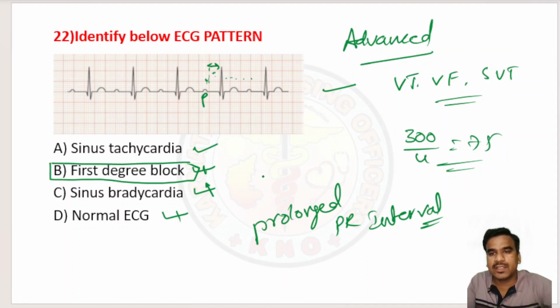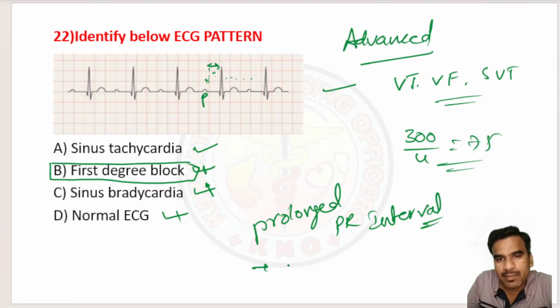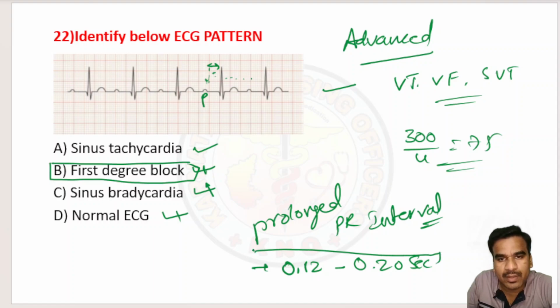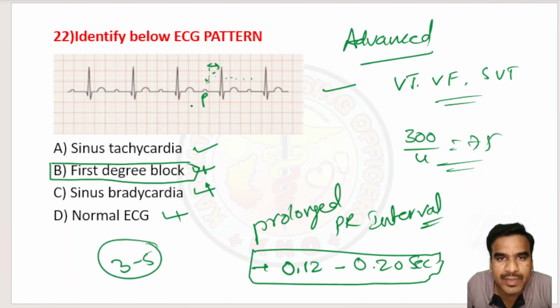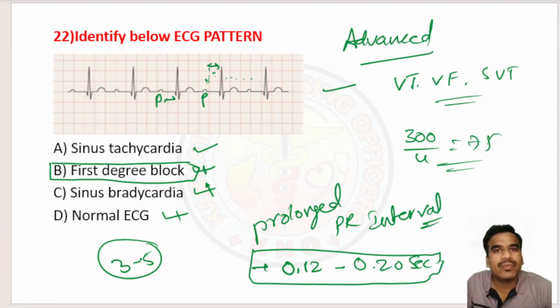The time interval is 0.12 to 0.2 seconds, is the normal time for the PR interval. And in small boxes it should be only 3 to 5 boxes. Suppose P is starting here, from here to here it should be only 3 to 5 small boxes.